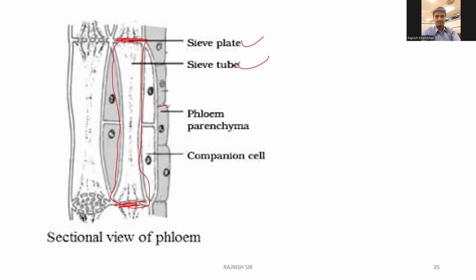Just beside them are phloem parenchyma. And this, which is near the sieve tube, is the companion cell. Okay, let me write it very nicely.